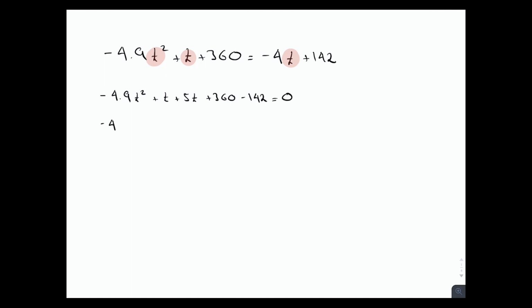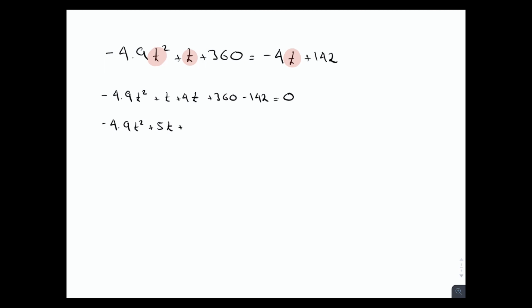If I collect, this was actually 4t, and together it gives me 5t. Then 360 minus 142 gives me 218, so plus 218 equals 0.